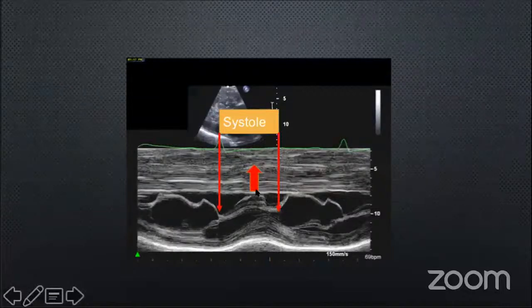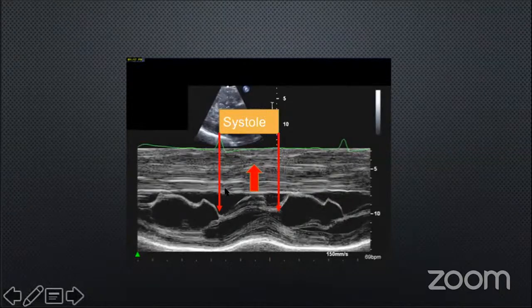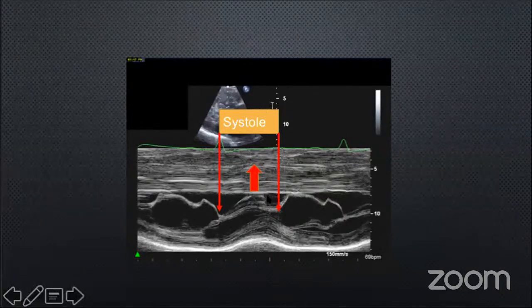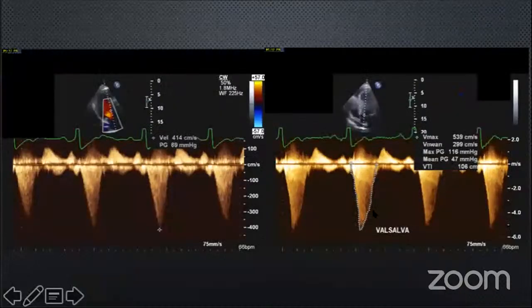And you can see that the leaflets are moving anteriorly into the LVOT, touching the septum, which is this structure, and causing the obstruction. So this is a classical M mode of SAM. We'll show it again in slow motion so that you'll appreciate it. And this is showing you the obstruction and the mitral regurgitation that occur together.